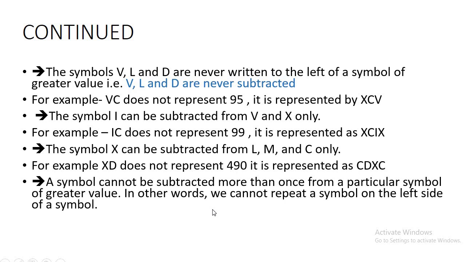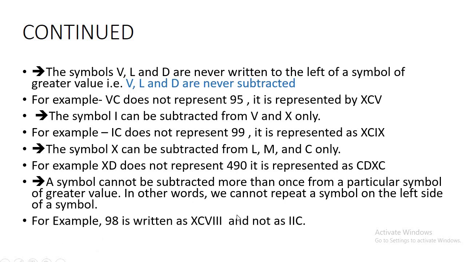Next, a symbol cannot be subtracted more than once from a particular symbol of greater value. As we have seen, a symbol may be added more than once, but it cannot be subtracted more than once. For example, we cannot repeat I before C, to the left of C, 2 times, as this may represent 98, but according to the rule this is not a Roman symbol, so it is discarded.